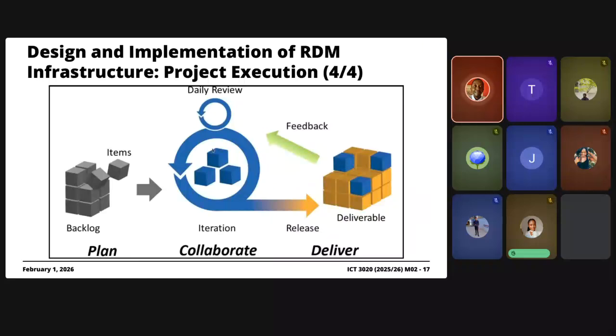But what's important here is we decided to work with Scrum. We could have decided to work with a spiral model. We could have decided to use a waterfall model, but we chose Scrum.